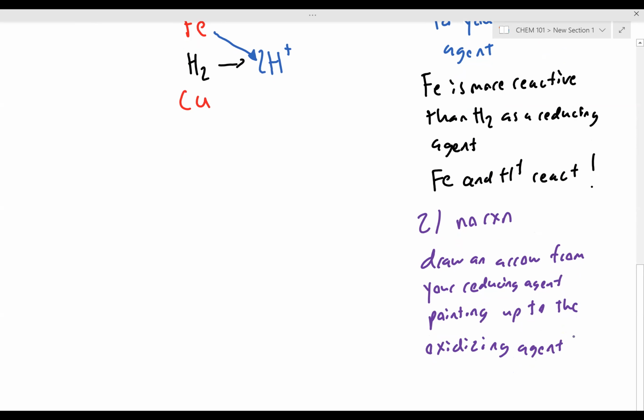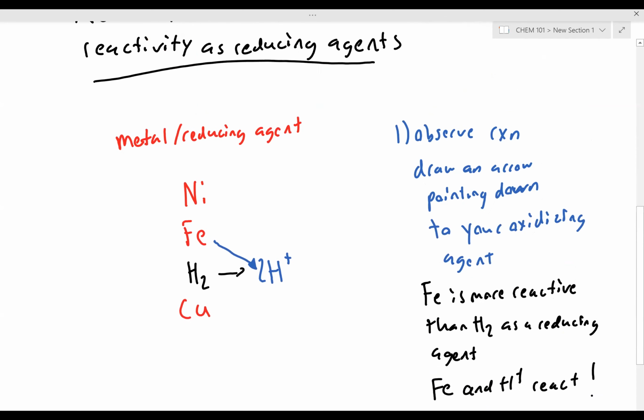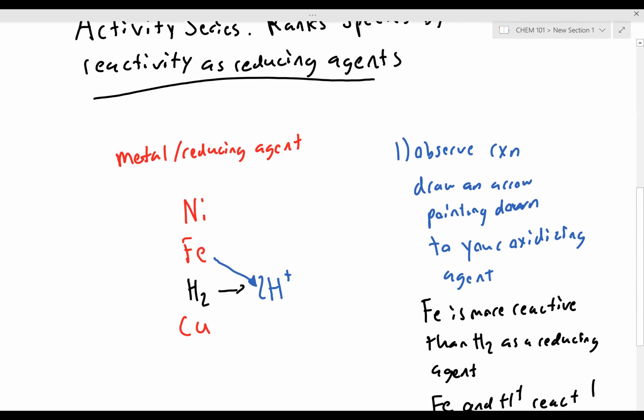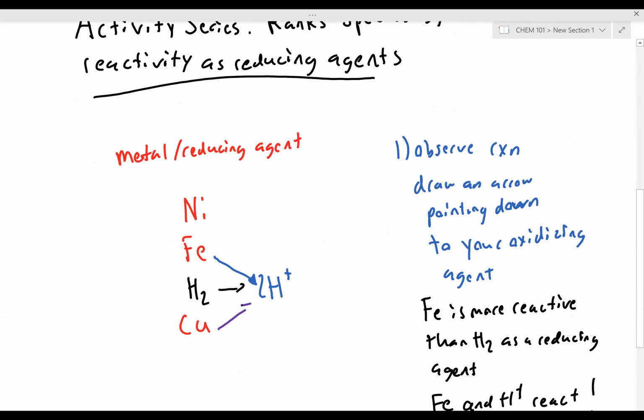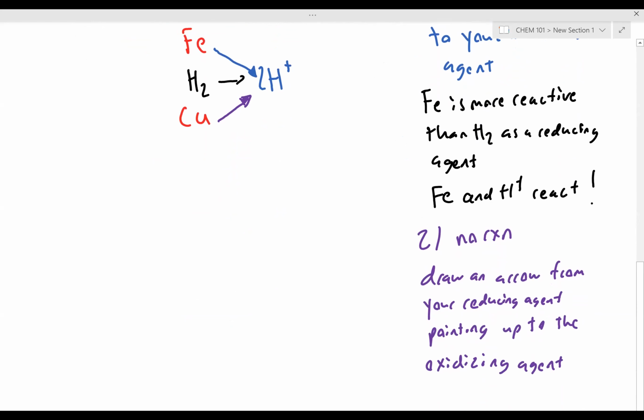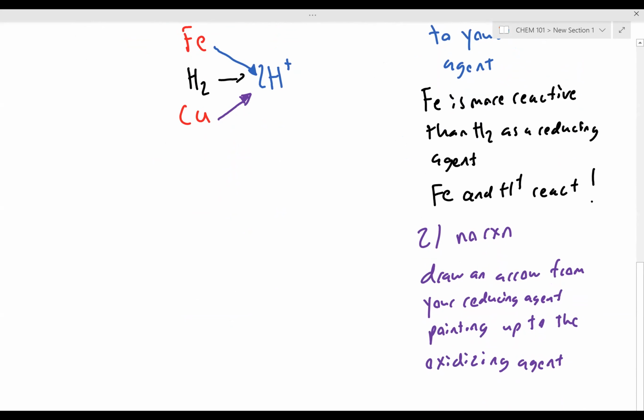In other words, for example, we said in our reaction screen, copper does not react. So we're going to draw our arrow pointing up from copper to H+. Okay? So as a consequence of this, when we observe no reaction, copper is below H2 and as a result is a weaker reducing agent.